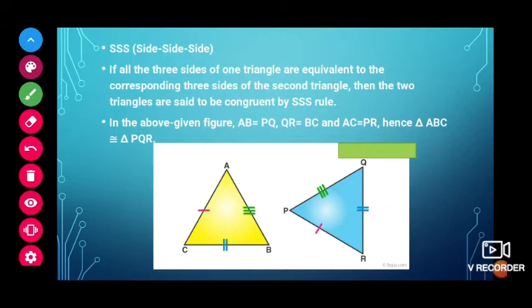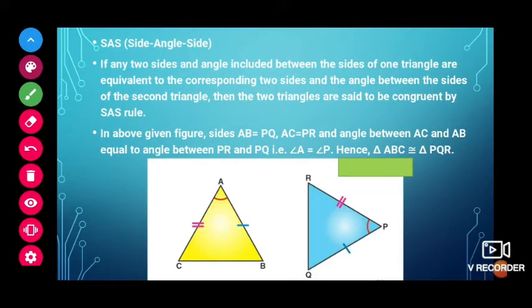Next one, SAS, side, angle, side. If two sides are equal and the angle lying in between the two sides is also equal, then we can say that the two triangles are equal. Again, children, it is two sides and the angle lying in between the two sides, not some other angle.